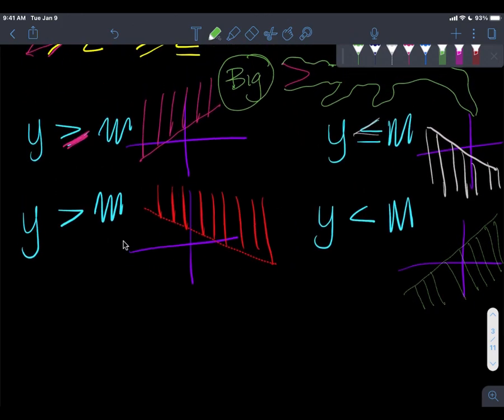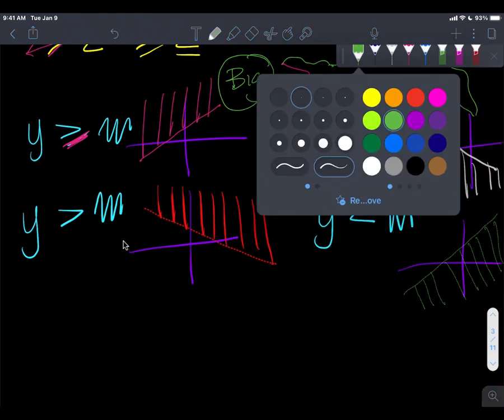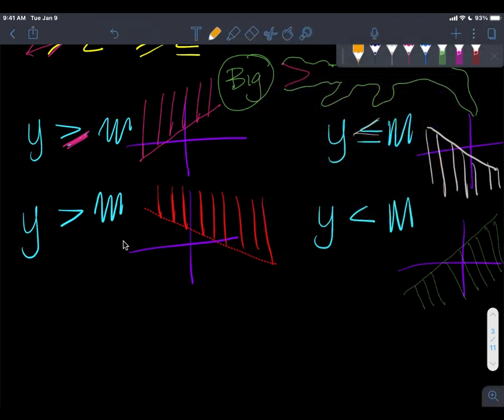Now, in each one of these, we have solutions and not solutions. Here in orange, I'm going to mark off solutions. Solutions can exist anywhere on a solid line and anywhere in a shaded region. They cannot exist on a dashed line.